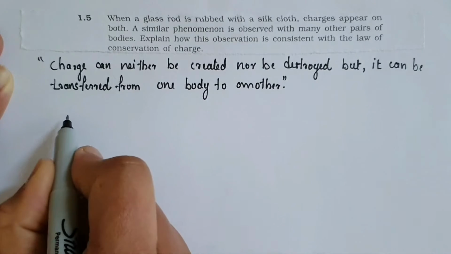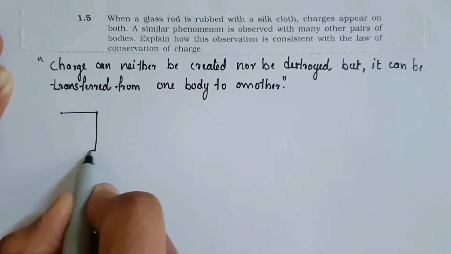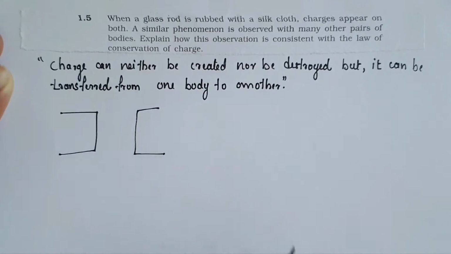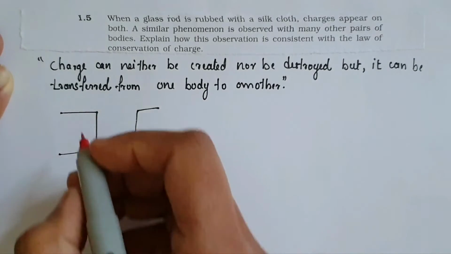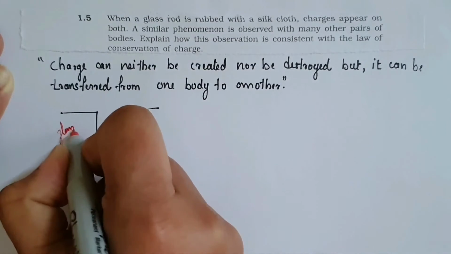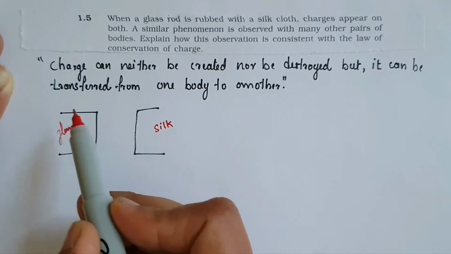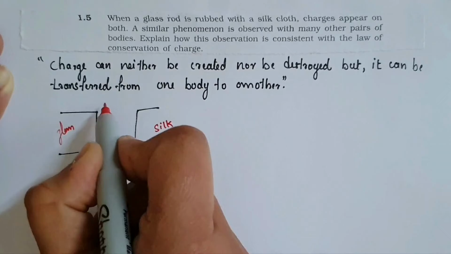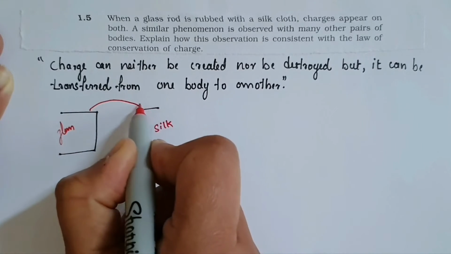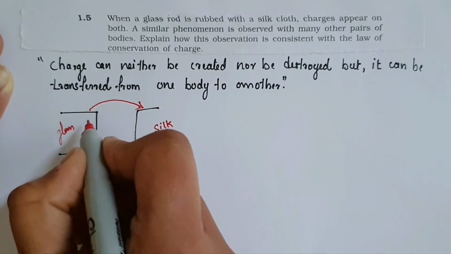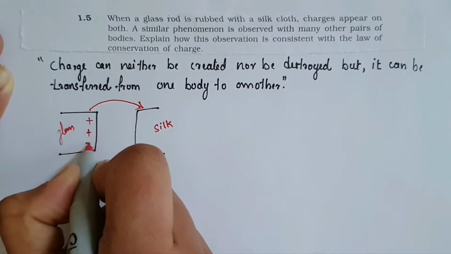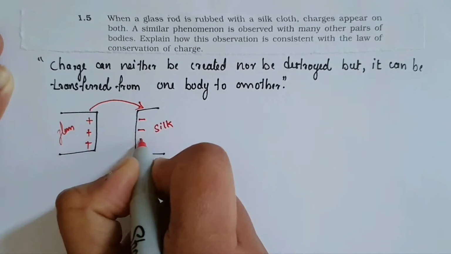So, when you consider a glass rod and silk cloth system, this is the glass rod and this is the silk. When the glass rod is rubbed with silk, some of the charges from the glass rod are transferred to the silk, and the glass rod acquires a positive charge and the silk cloth acquires a negative charge.